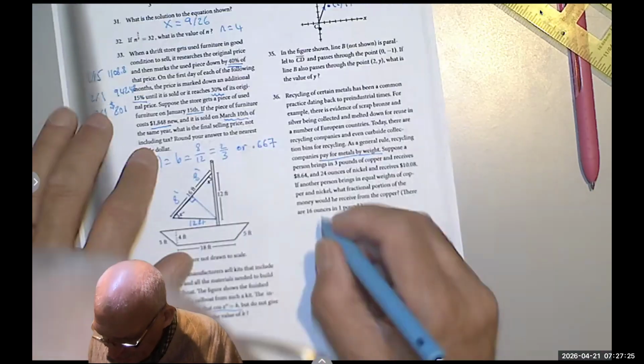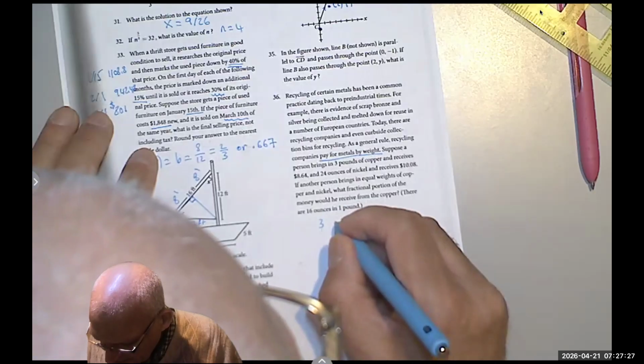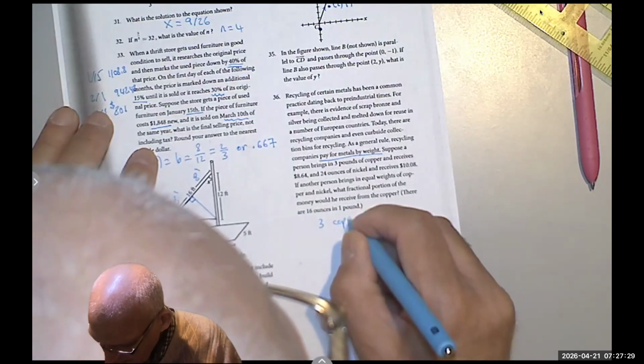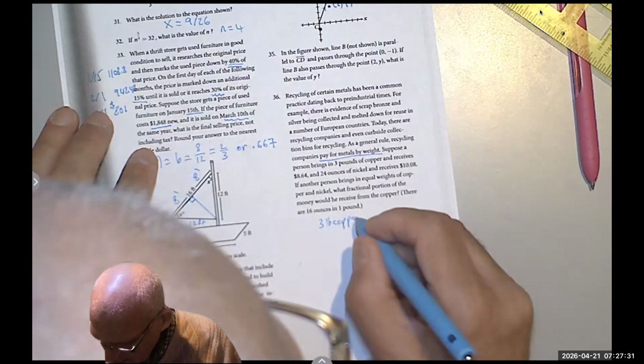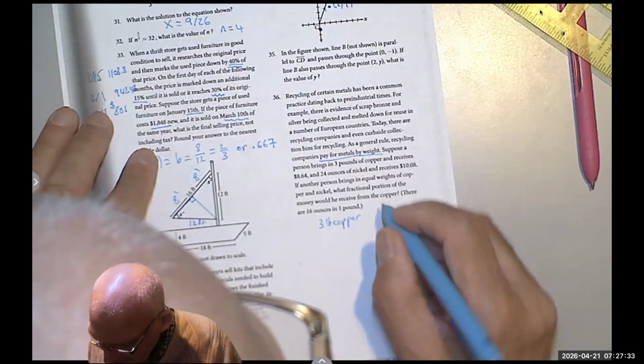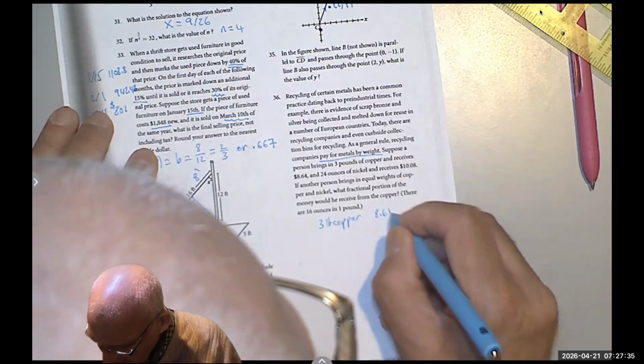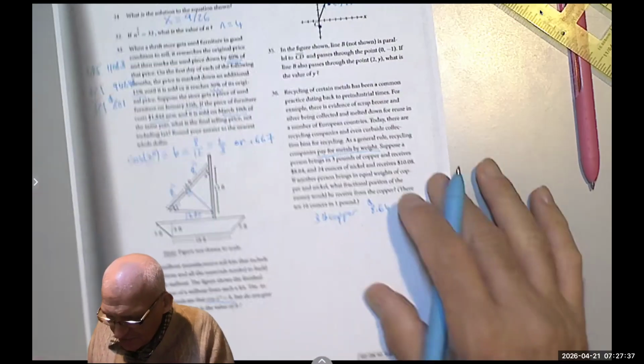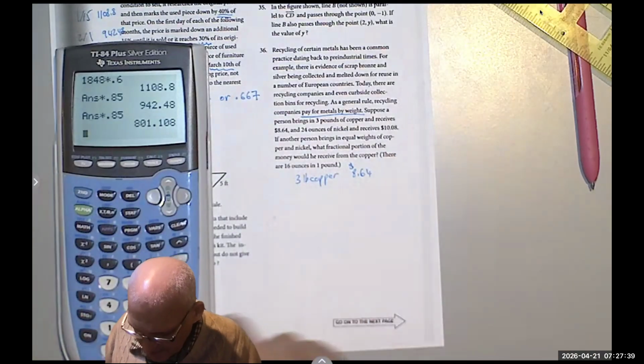Suppose that a person brings 3 pounds of copper and receives $8.64. So how much per pound? Well, we'll see what they ask.